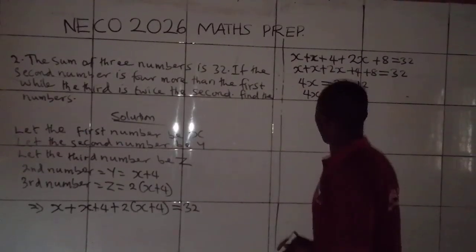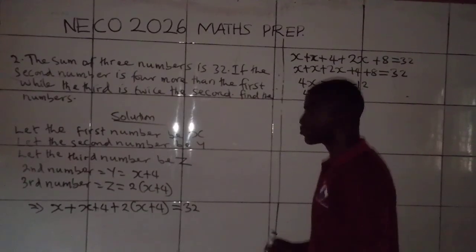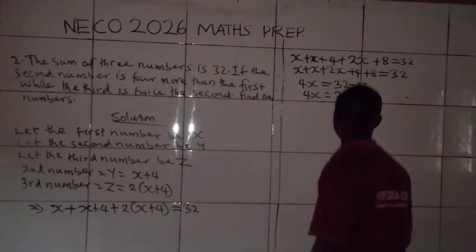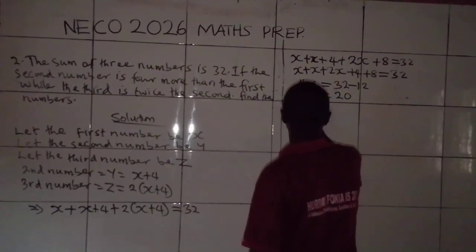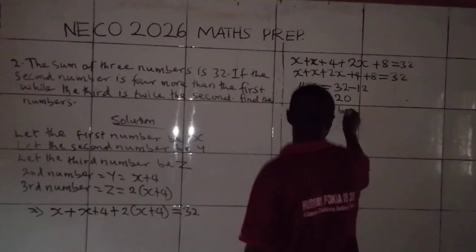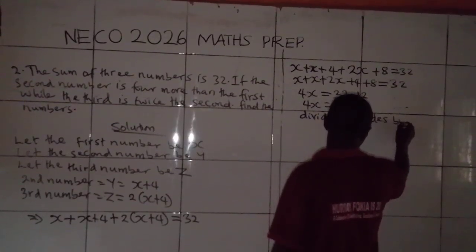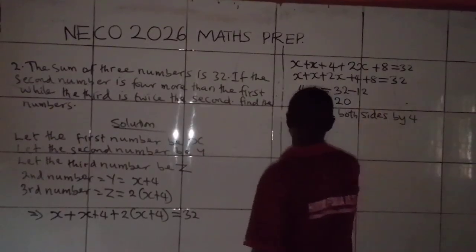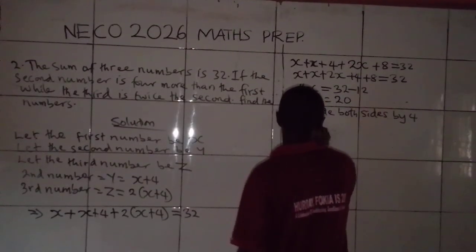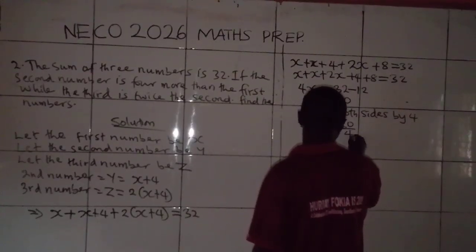Now, if 4x is equal to 20, we need to find the value of x. So which means that we divide both sides by 4. So we have 4x divided by 4 equals to 20 divided by 4.